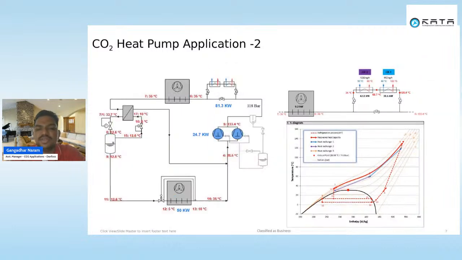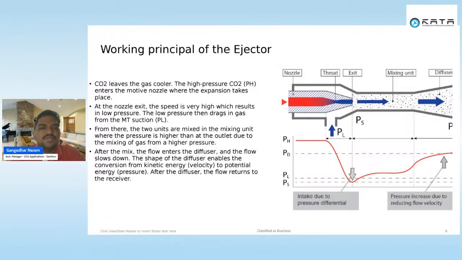For example, if you see the working principle of the ejector, the gas that is leaving the gas cooler enters the ejector from the nozzle here, and the gas that is coming out of the MT evaporator outlet enters from the other side.